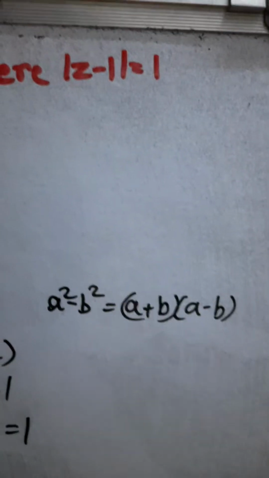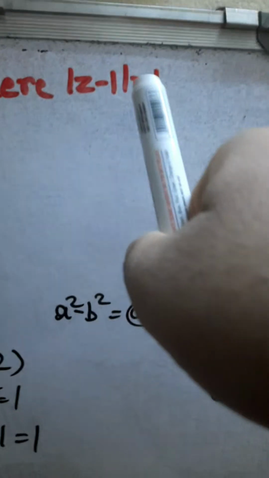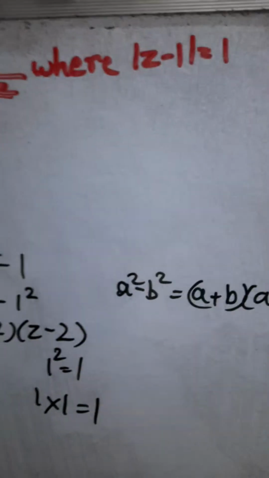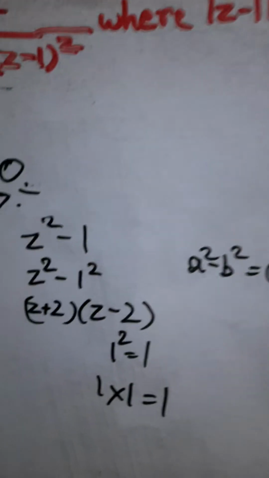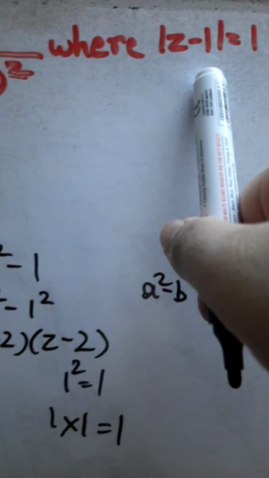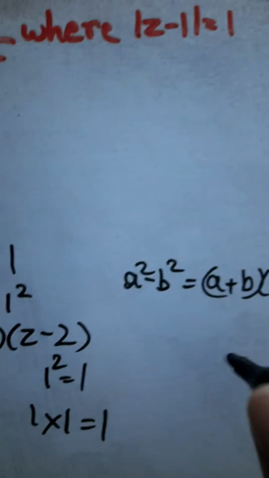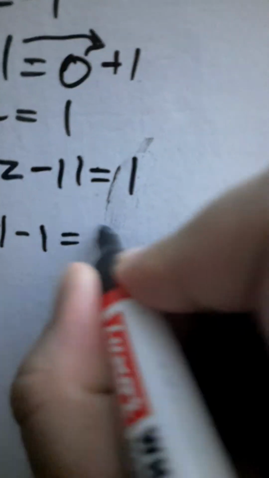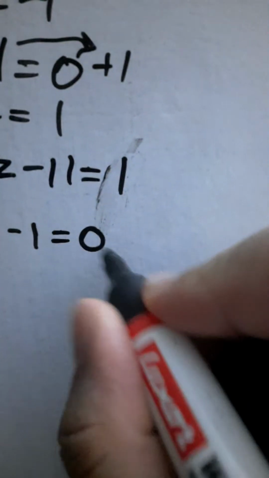Now we have to compare it with this. If it was mod z equal to 1, then the radius would be directly 1. But now inside the mod there is z minus 1, so we have to put our points in this mod, substituting z, and then compare it with 1. If I put z equal to 1, then 1 minus 1 is equal to 0, which is inside the curve.